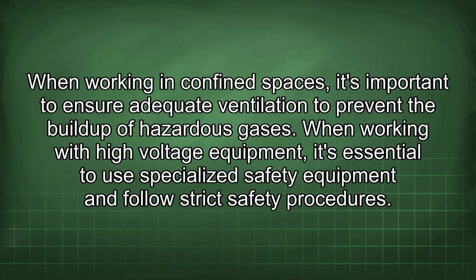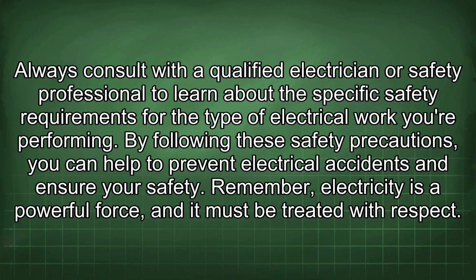When working with high voltage equipment, it's essential to use specialized safety equipment and follow strict safety procedures. Always consult with a qualified electrician or safety professional to learn about the specific safety requirements for the type of electrical work you're performing. By following these safety precautions, you can help to prevent electrical accidents and ensure your safety.